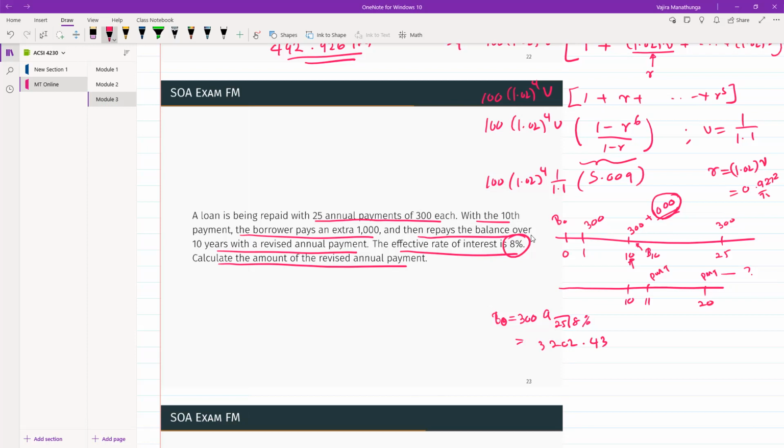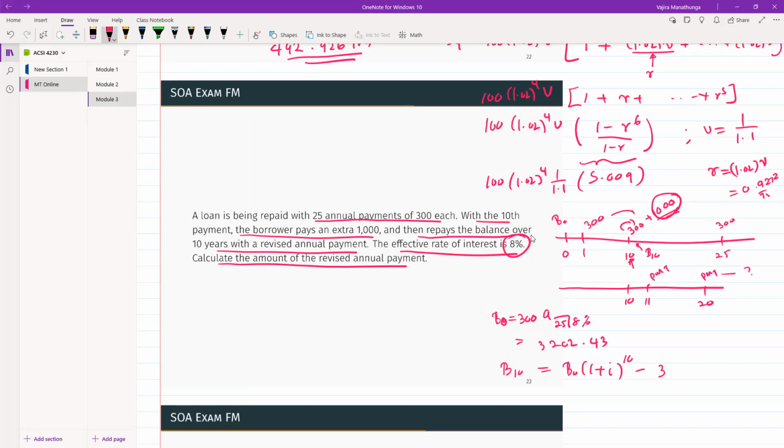So now let's try to get the balance after all these payments. Okay, so B10 is going to be B0, 1 plus i to the 10 minus, I have to find the future value.